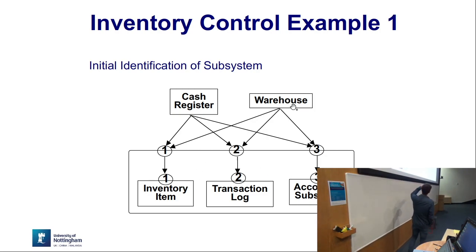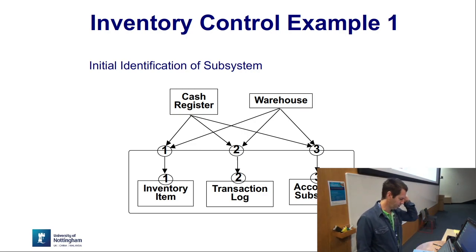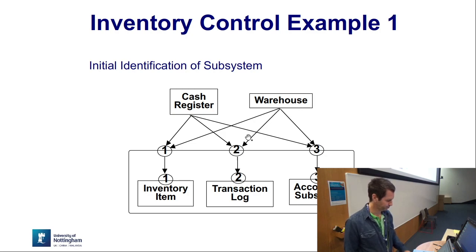Now this is the object-oriented design of that system, and it shows all the different collaborations, right? The cash register collaborates with the inventory, the transaction log, and the accounting system, but so does the warehouse. The warehouse has to know about the inventory, right? And the transaction log has to be associated with the warehouse in this design, and same with the accounting.